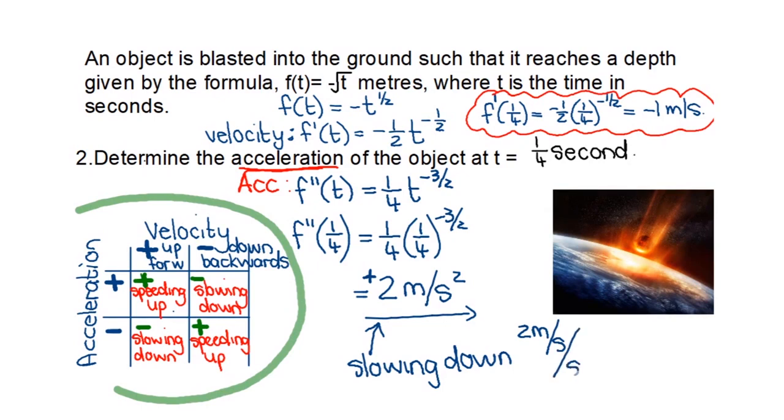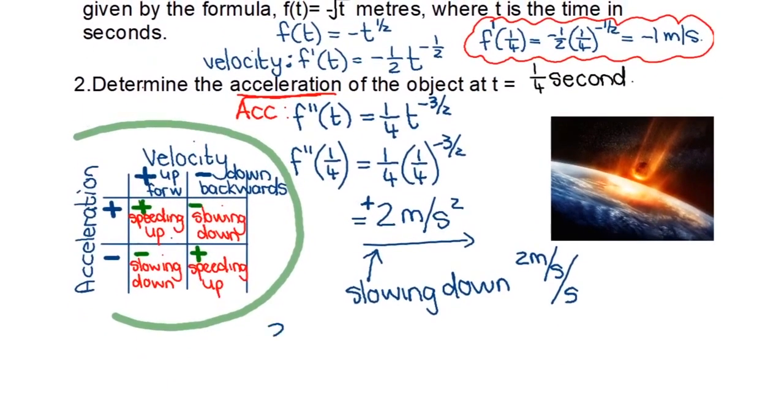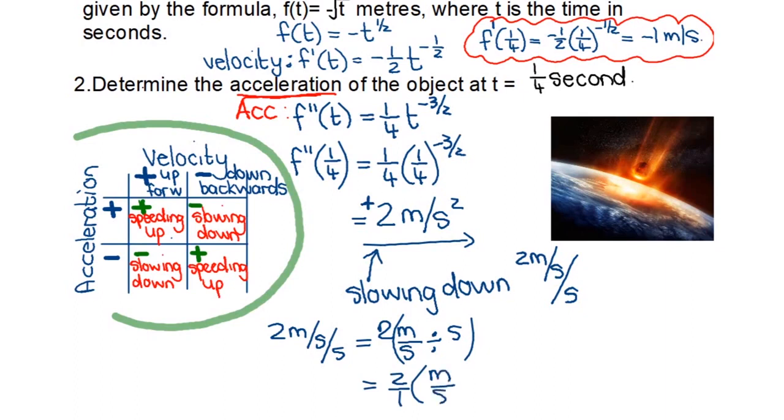I want to talk for a moment about this unit. This unit can actually be written in different ways. I can say 2 meters per second, or that's the same as 2 meters per second divided by second, which is 2 meters per second multiplied with 1/second, which will be 2 meters per squared second.